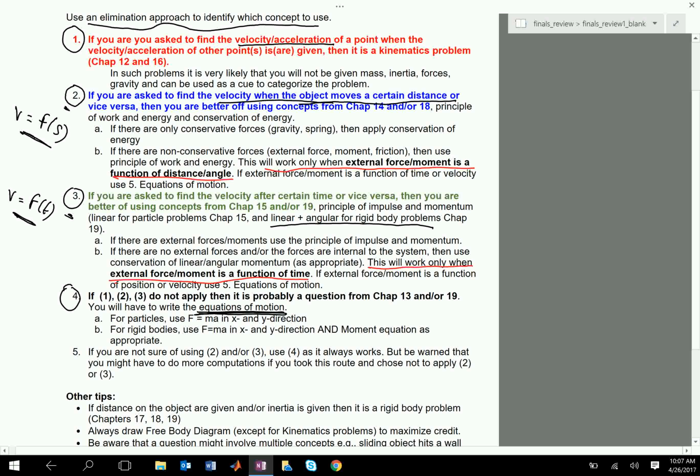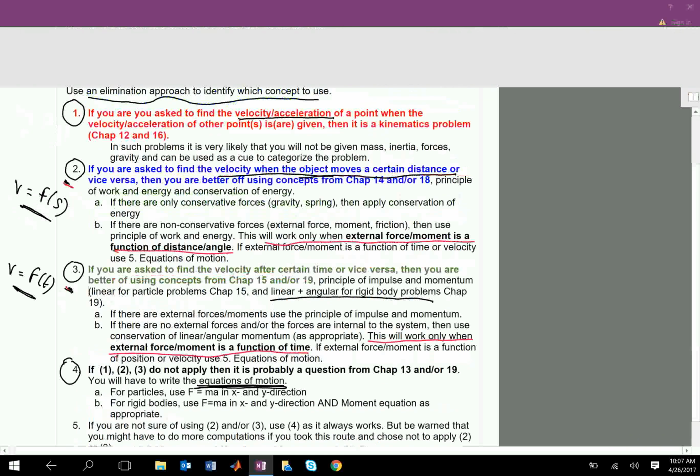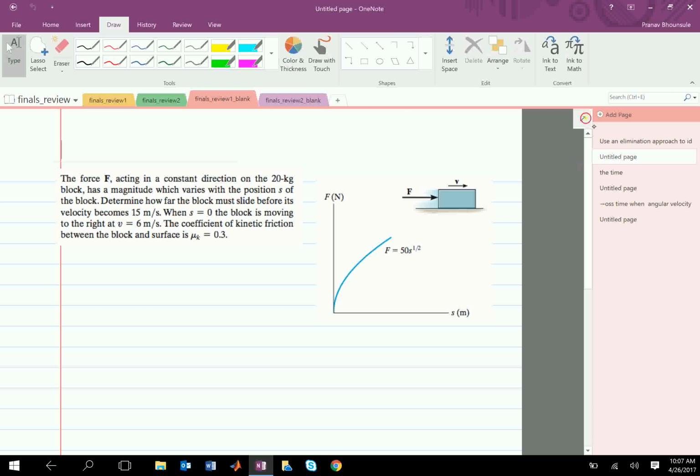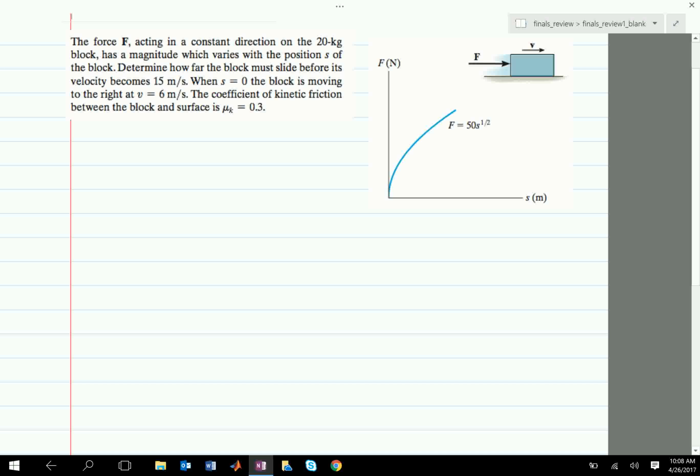If those exceptions are true, then you cannot apply 2 or 3. You have to go for 4. And I think there's one problem where I'll show you where the exception comes.